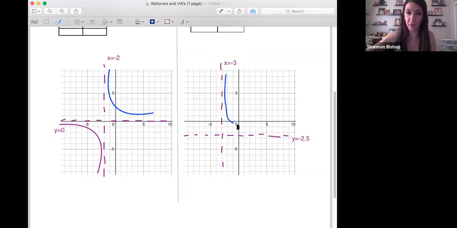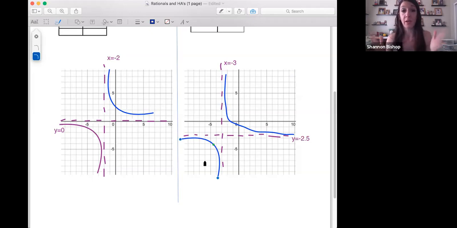Careful, be close to the boundary, but don't cross it. And then on this side, careful, close, but don't cross it. Okay, good. So you will be in charge from this point on, always, always, always, drawing in your horizontal asymptote as well as your vertical asymptote, okay?